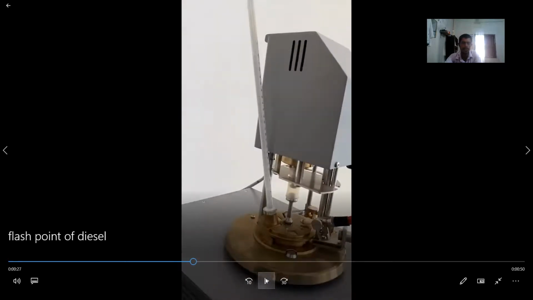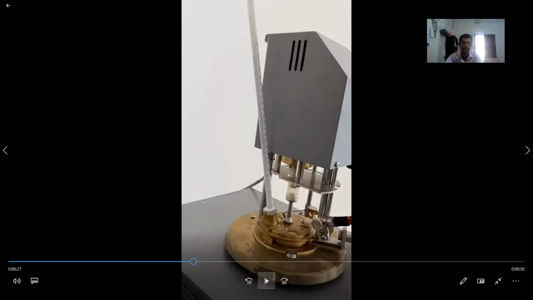So now the temperature is 79 degrees Celsius, and we will introduce the flame to the fuel sample atmosphere and check.